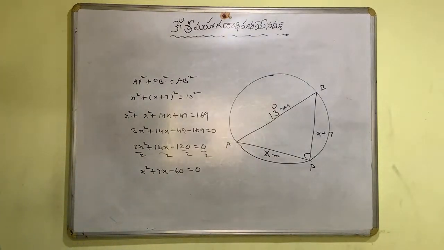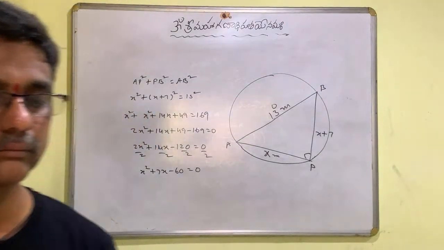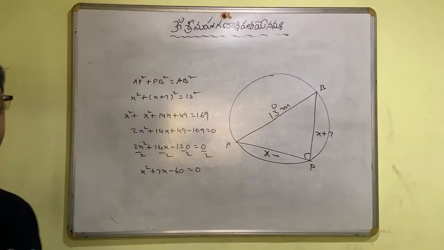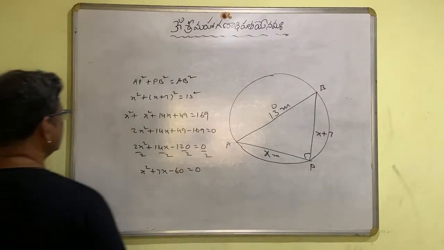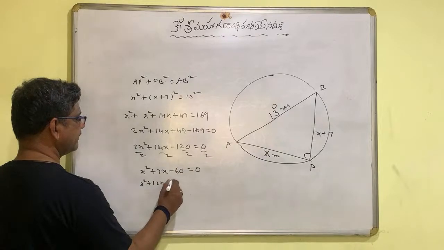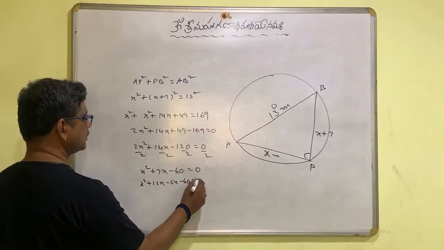Now find the distance. x square plus 12x minus 5x minus 60 is equal to 0.